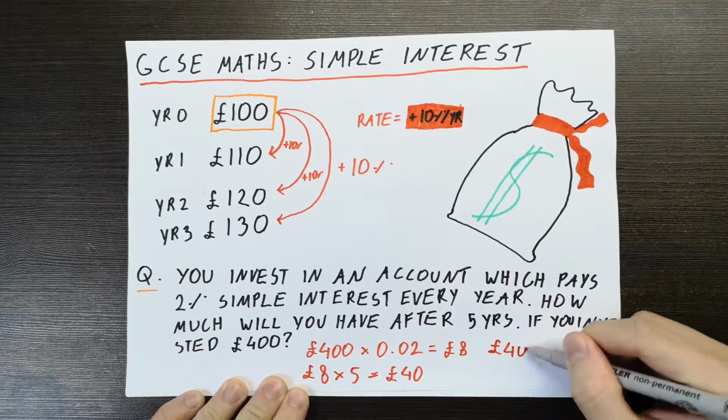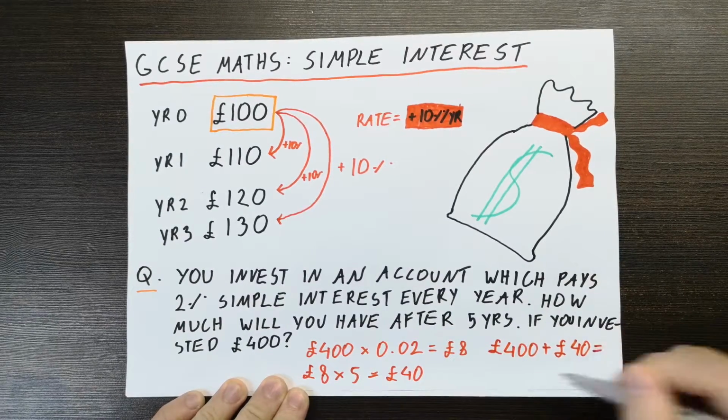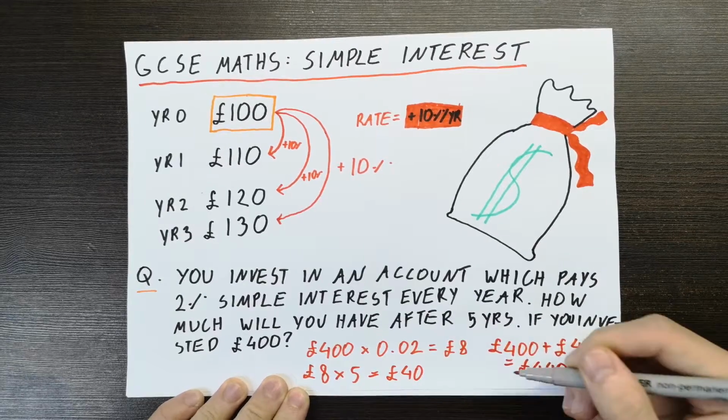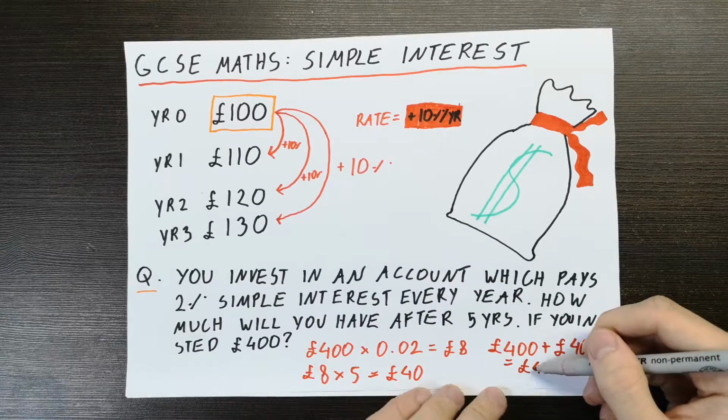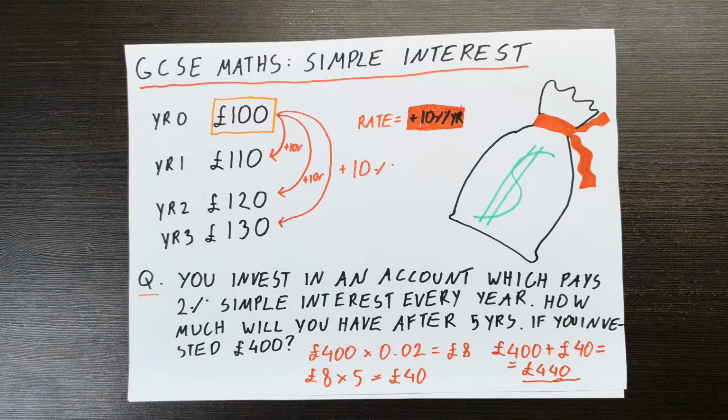So £400 plus the £40 that we have gained is equal to £440. So that's our answer. After 5 years of keeping our money in that account, where we were getting 2% simple interest every year, we end up with £440. That's the total amount of money that we will have after the 5-year investment period finishes.